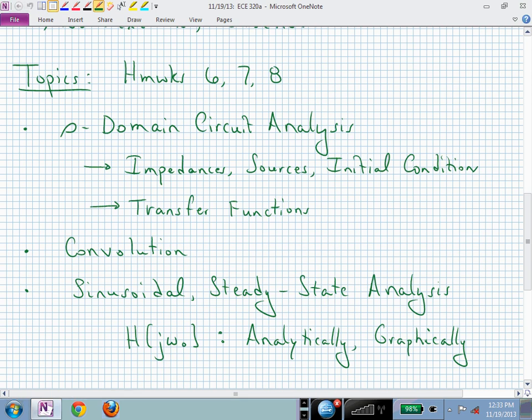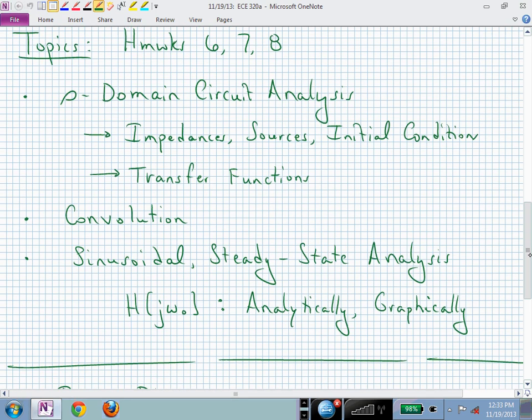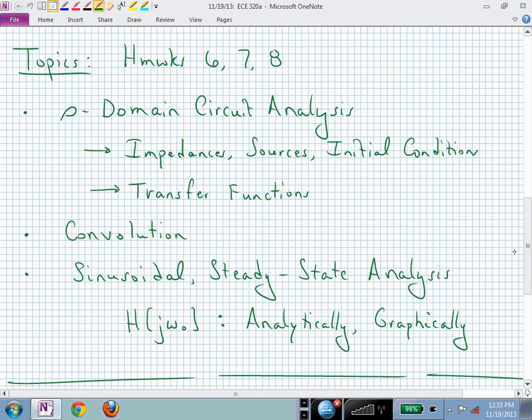Convolution, we'll talk more about that tonight in the review session, and you have a fair amount of material on D2L, but you need to know how to do convolution. Obviously, this sort of breaks down the exam contents. Convolution might represent a third of the exam, maybe.